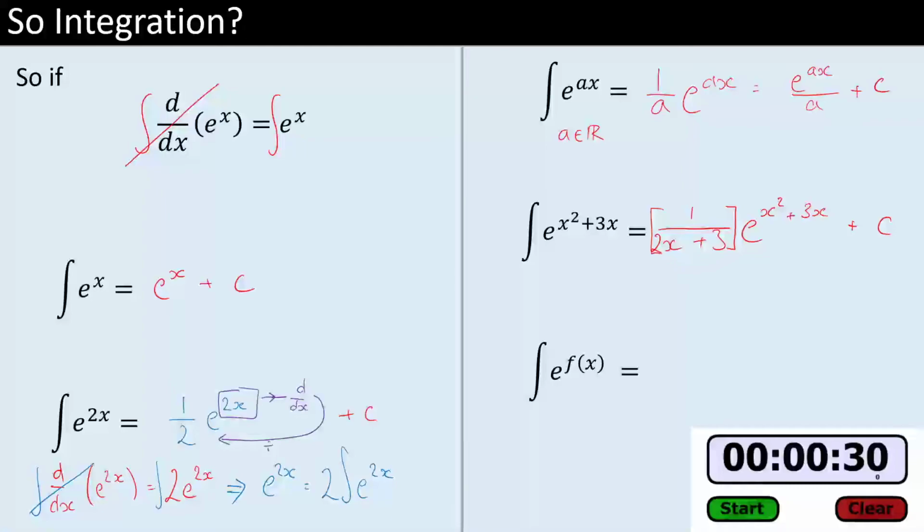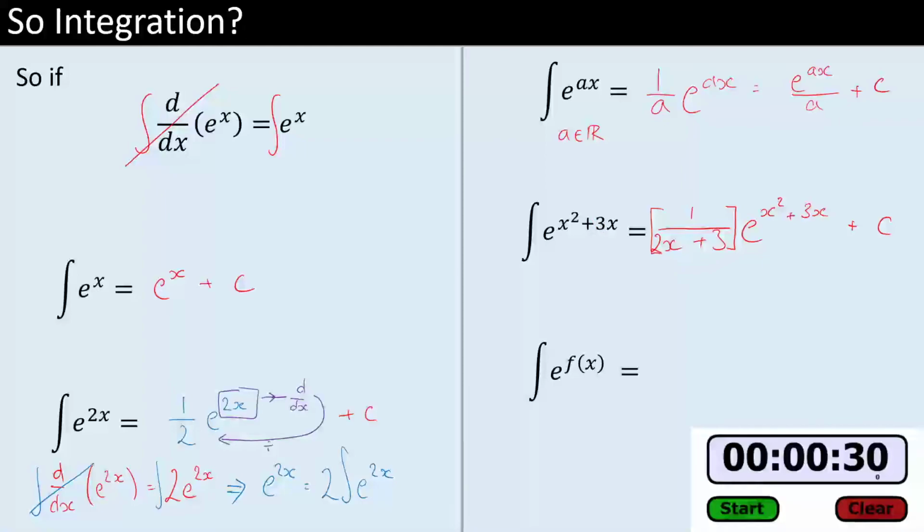And it turns out that that does work, okay? If we were to differentiate this, we would differentiate the power, multiply by that, which would cancel out this fraction. The constant of integration would vanish because constants differentiate to 0. And there we go, we'd be left with e to the x squared plus 3x.